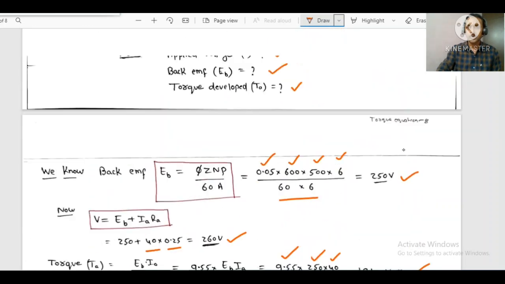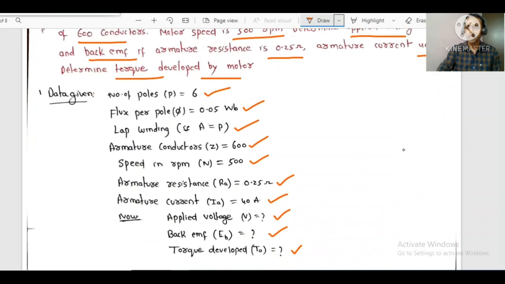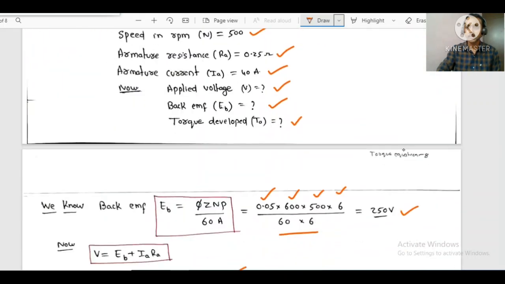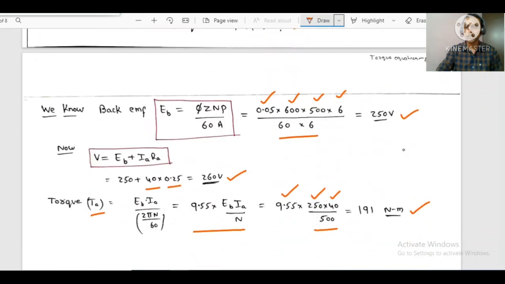I repeat again, dear students, on seeing the problems, please don't skip them in the exam. Don't think that only for the final answer you will get the full marks. Please read the problem statement, write the data given, use the proper formulas, and do the substitutions. For that itself you will be awarded some marks. For the final answer, maybe only 1 or 2 marks will be allotted. It does not mean that if a problem is given for 8 marks, you get 8 marks only if you get exactly 191.